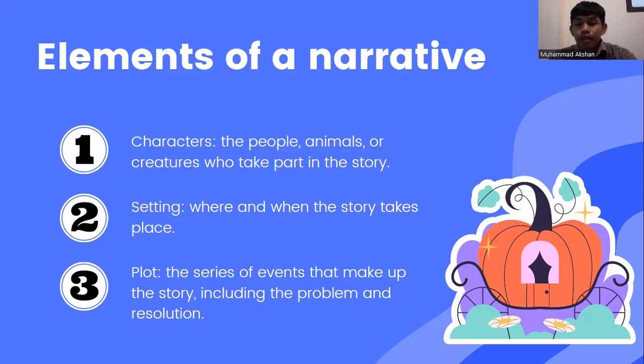For example, if we read or heard a story about Malin Kundang in the middle of the jungle, the middle of the jungle is the setting place of that narrative text.